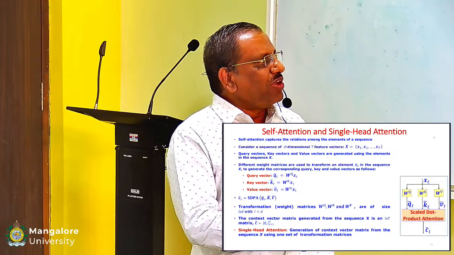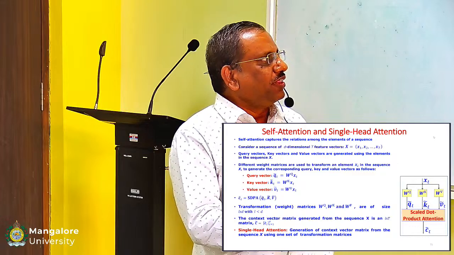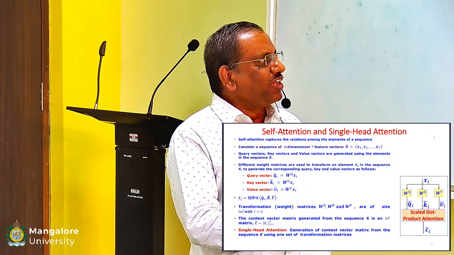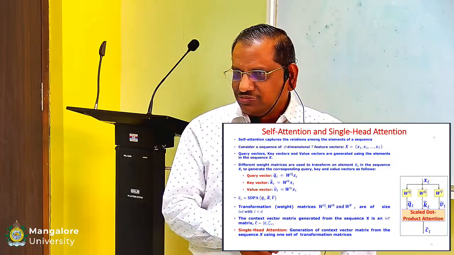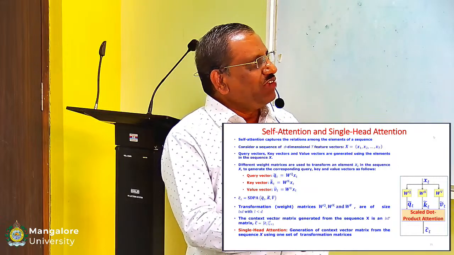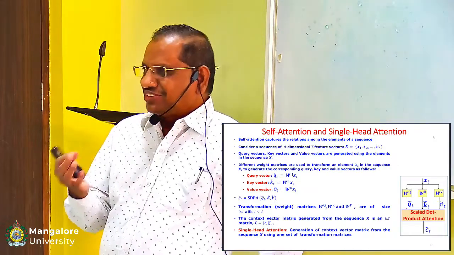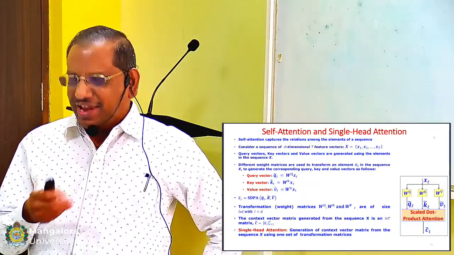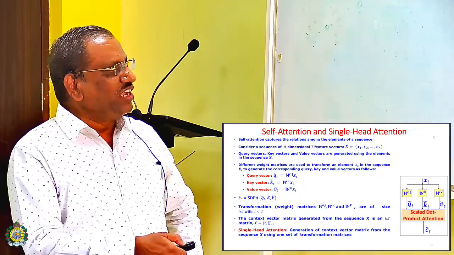Similarly, I multiply this vector x with another weight matrix, that gives us a key vector. Similarly, this x is multiplied by another matrix W to get this value vector, right? So we have three different matrices applied on the same vector. When the matrices are different, the output vectors are going to be different, and therefore we get some new representations of this xt, right?